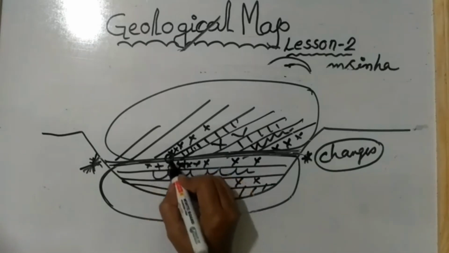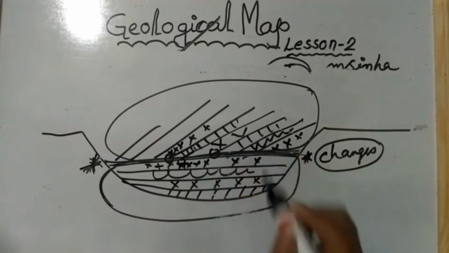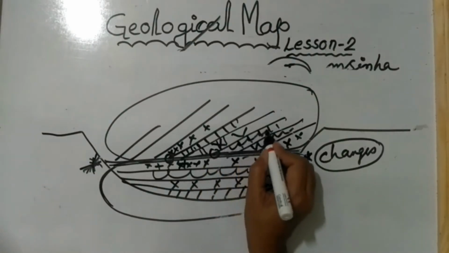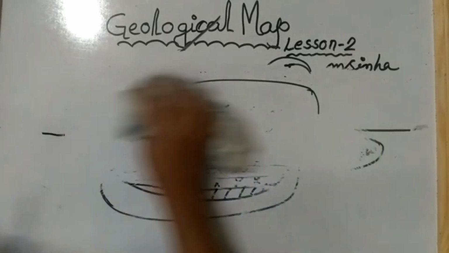Suppose this one is the junction of three beds. This bed, this is another bed, and the underlying bed. So you have to identify the triple point junction. After the identification of the triple point junction, you can easily identify the line of unconformity or the changes.